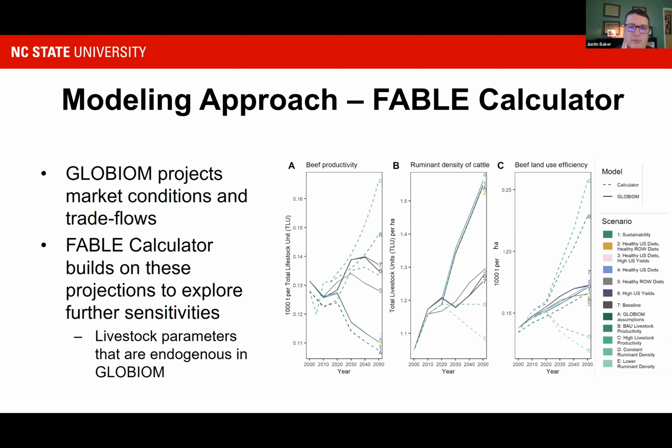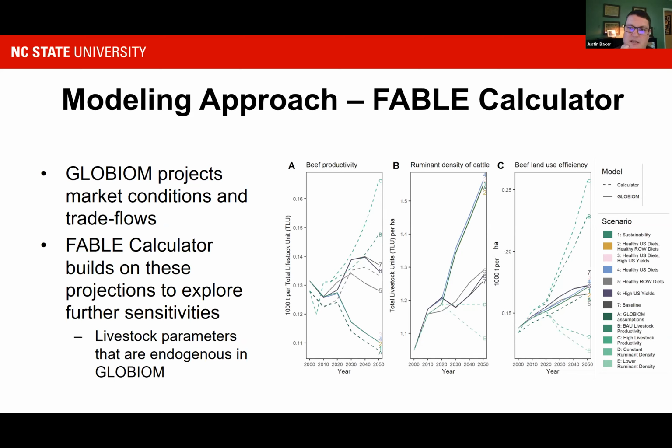So in particular, looking at the parameter related to beef productivity, which is an endogenous variable in the GloBiome model. And that gives us a metric of the amount of livestock production per unit area, or I'm sorry, per unit animal, as well as ruminant density, which gives us total livestock units per unit area.